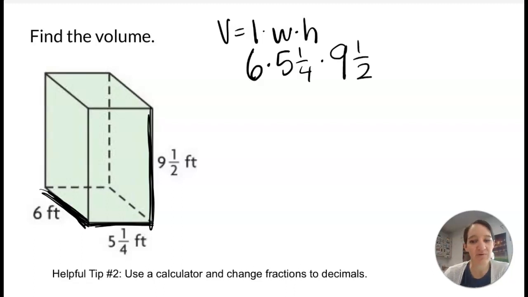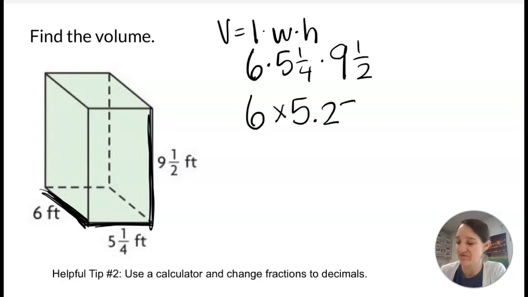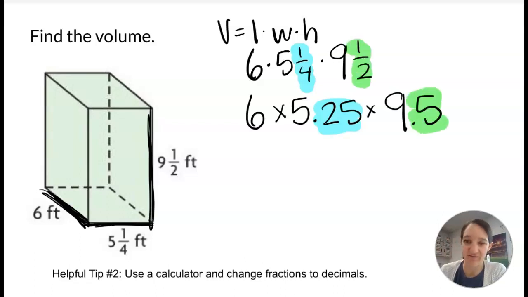Now, because I'm telling you to use a calculator, the way I want you to put that in your calculator is 6 times 5.25. Why? Because 1/4 is the same as 0.25. Remember that? Times 9.5. Why? Because 1/2 is the same as 0.5.